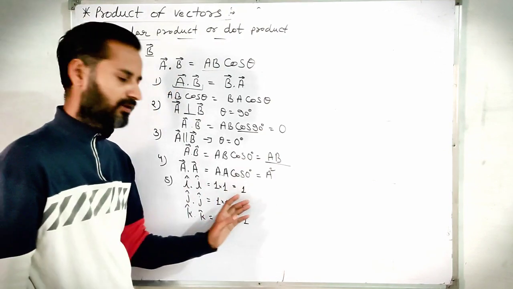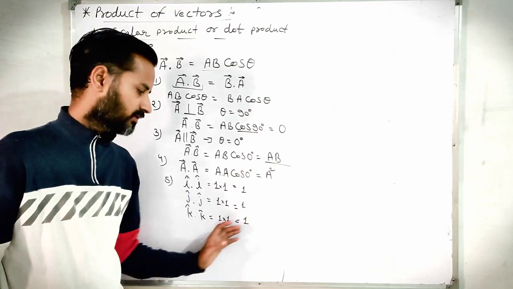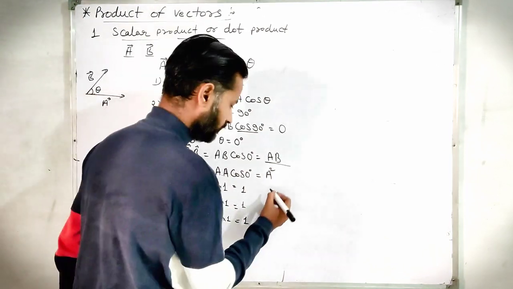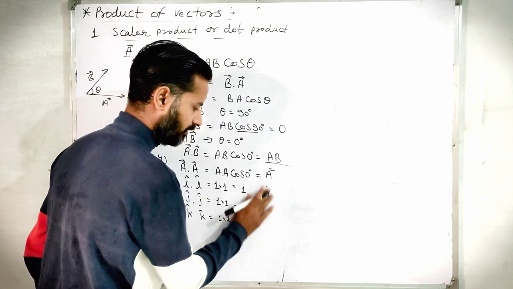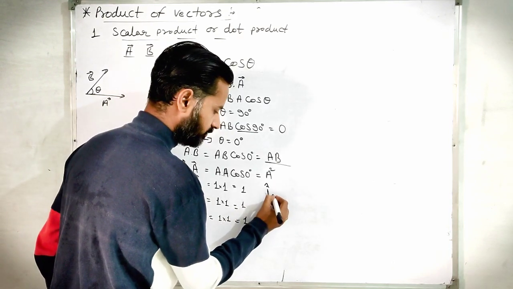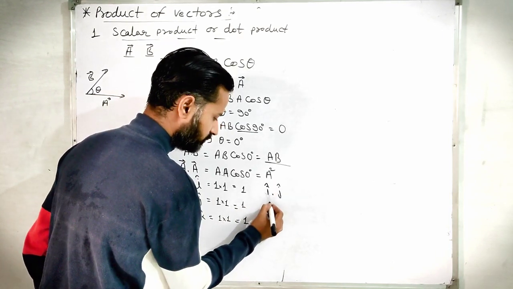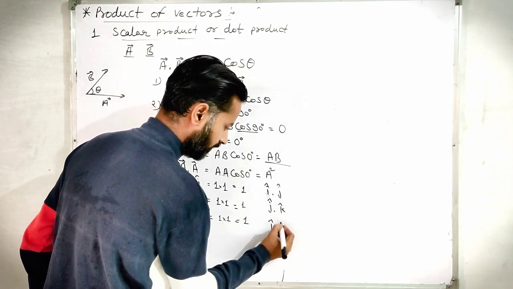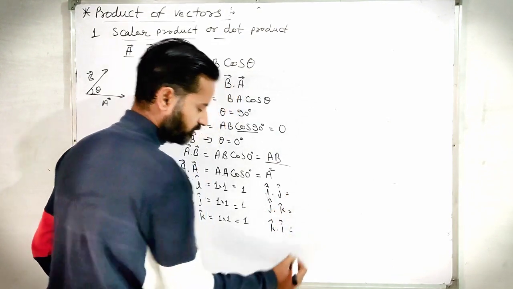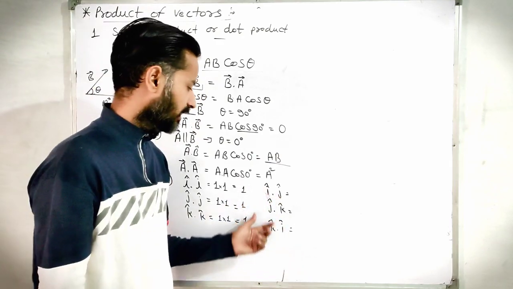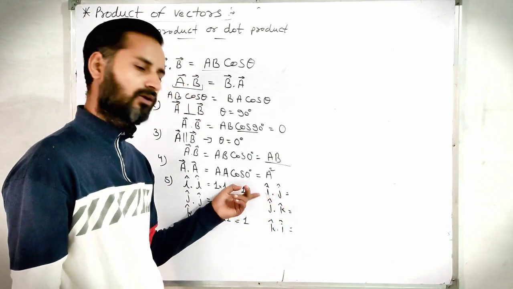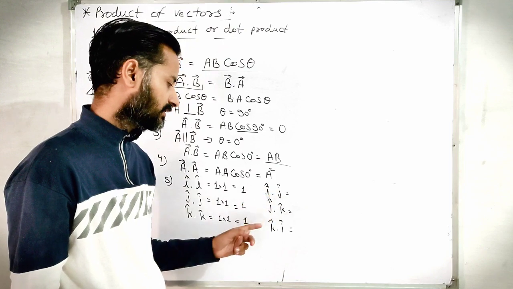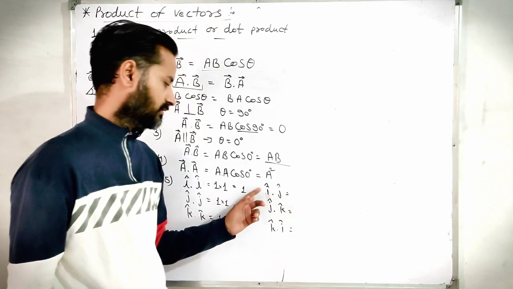So i dot i equal j dot j equal k dot k equal 1, and i dot j, j dot k, k dot i. Since these unit vectors are i, j, k: i is along the x-axis, j is along the y-axis, k is along the z-axis.